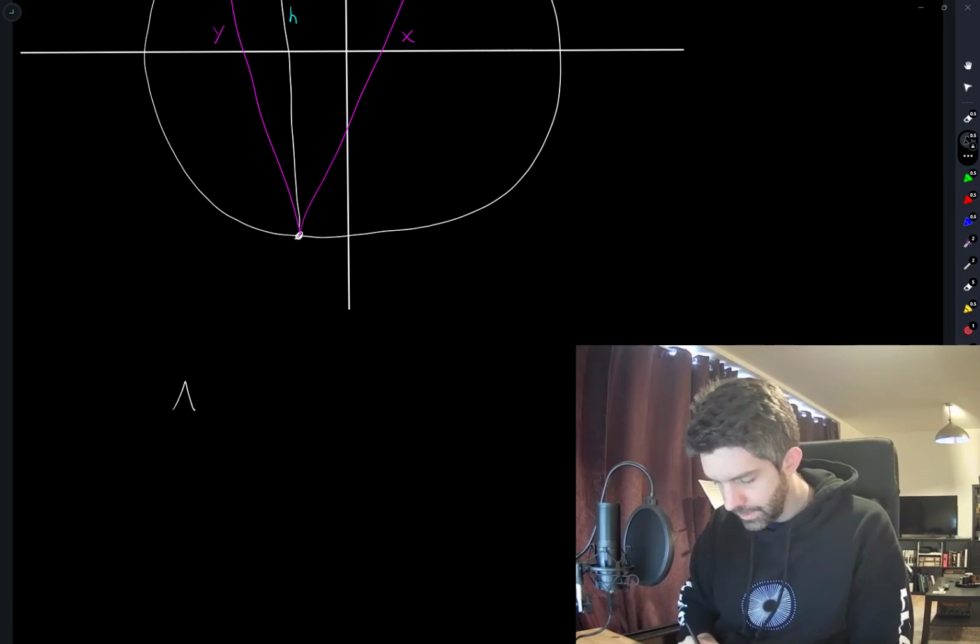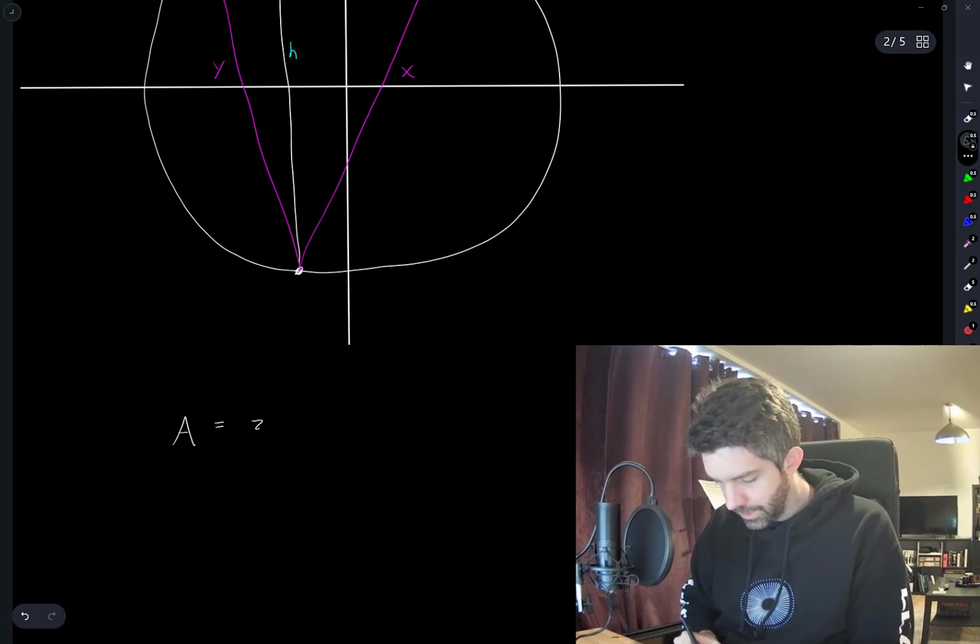So the area of the triangle is the distance from Z2 to Z1 times H over 2.